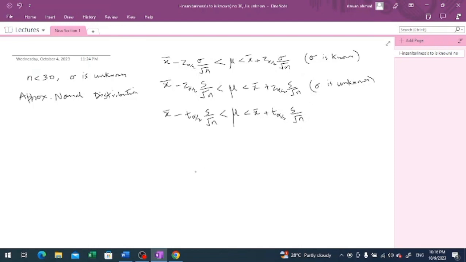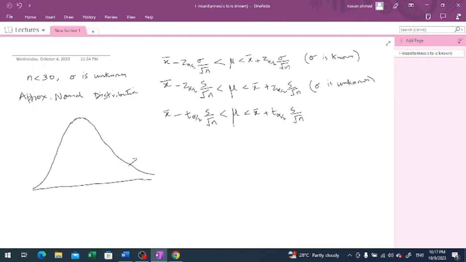Now, what's the difference between the t distribution and the z distribution? As an example, I'm going to draw three different curves. As we have discussed and studied, in case of a sampling distribution, increasing sample size will make the curve steeper.